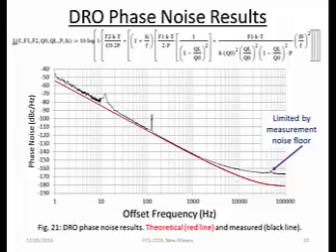We can see that there is some divergence, although at medium offsets the theory agrees quite well with the measurement, or the measurement agrees quite well with the theory. At longer offsets we see a divergence, but this is mainly due to the measurement being limited by the noise floor of the instrument. So since the agreement is quite good in the medium offset range, then we can extrapolate that curve based on the theoretical model for higher offsets.